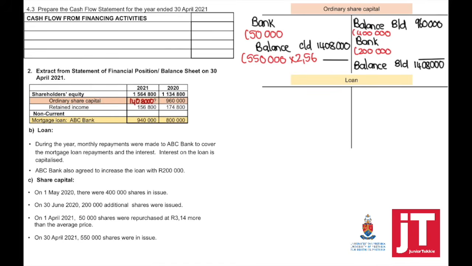We've issued more shares. If you look at the mortgage loan, it's another option. We can borrow money. I cannot just say it increased, therefore that was an inflow of cash, because my mortgage loan consists of repayments of the loan as well.